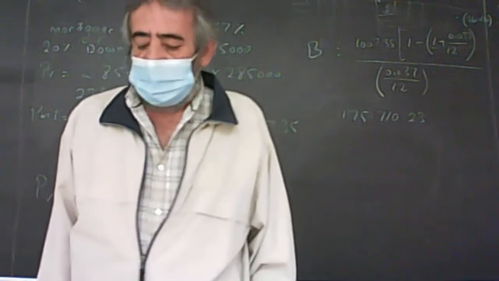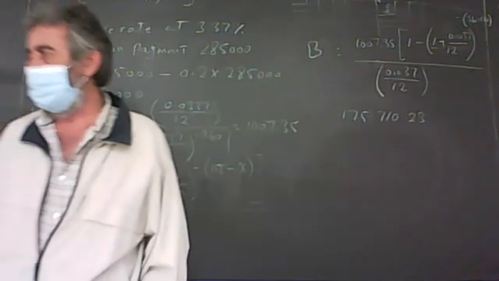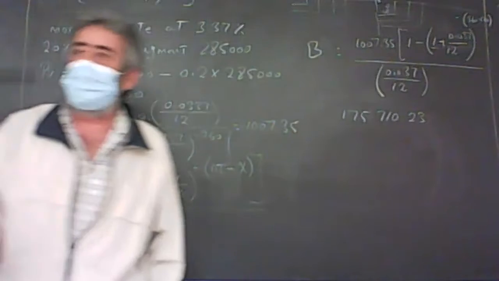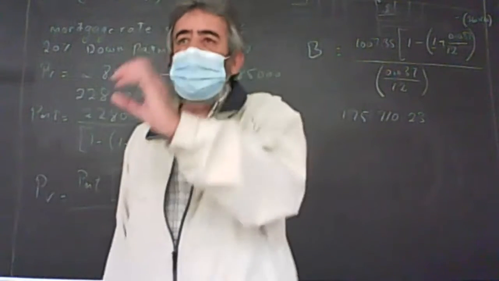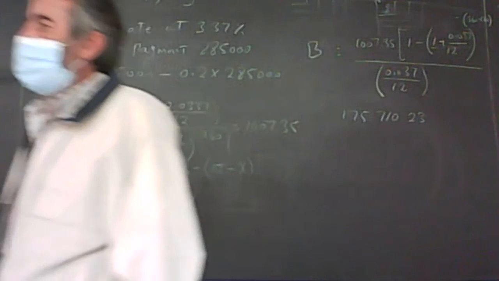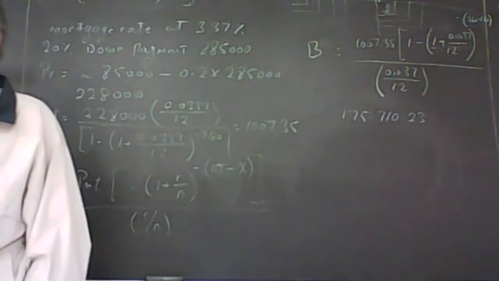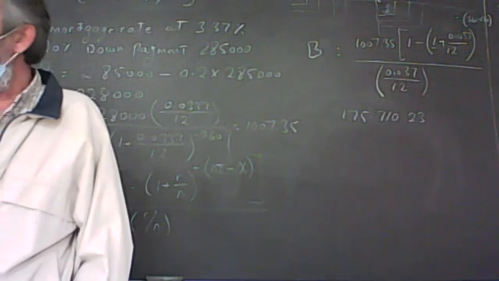Now, how does amortization work? When you borrow money, at the beginning you owe whatever you borrowed. After 1 month, you make a payment, and definitely you owe less.